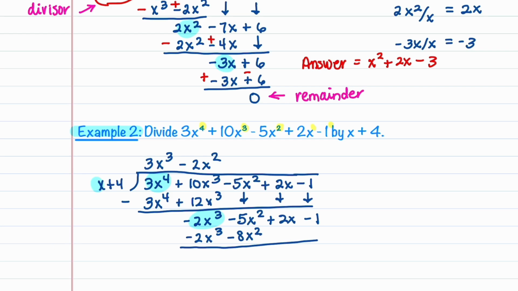Since we have some negatives, I'm going to write this in. So we're going to subtract. So this becomes positive and that becomes positive. And that gives us a 0. And then a minus 5 plus 8 gives us a 3x squared. And then these two terms come on down. So we have a plus 2x minus 1.